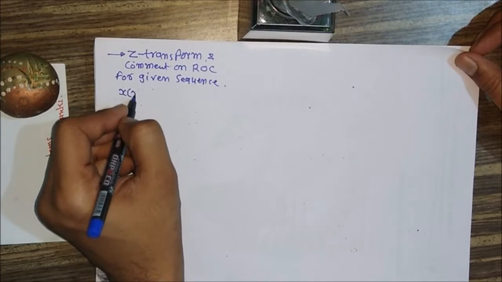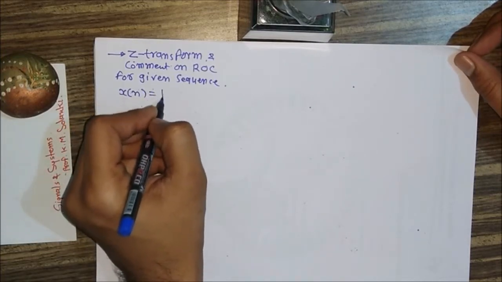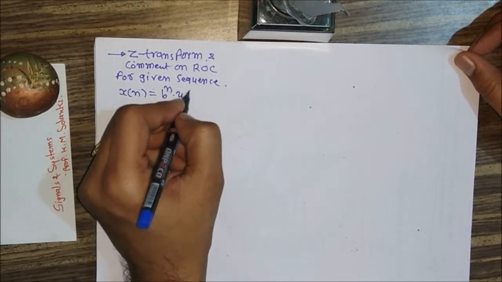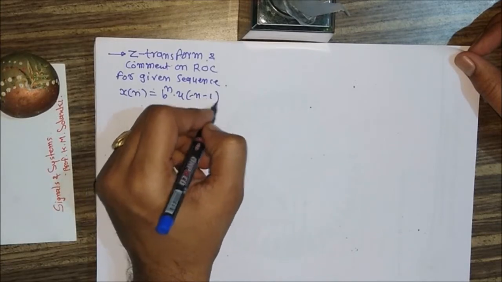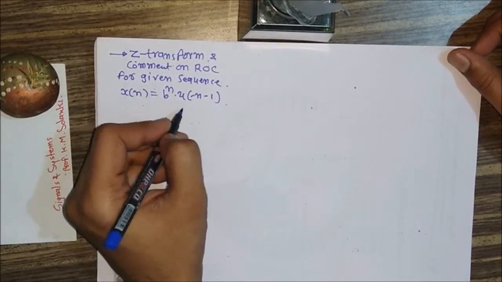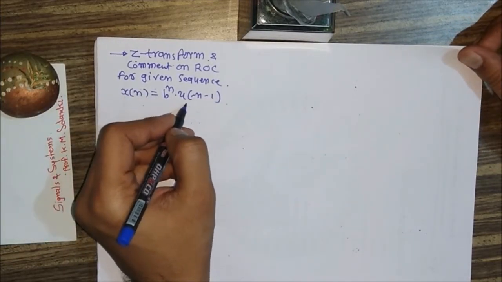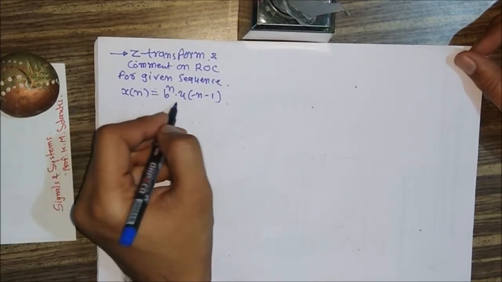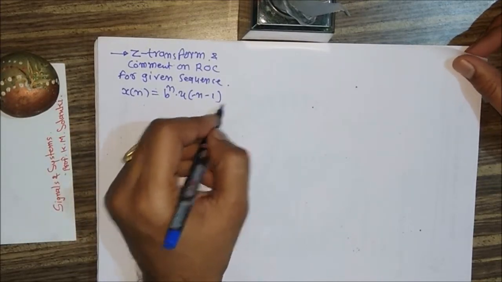The given sequence is x(n) = b^n u(-n-1). The previous one was a^n u(n). So now we will consider u(-n-1).